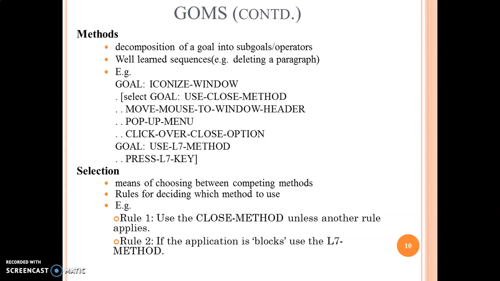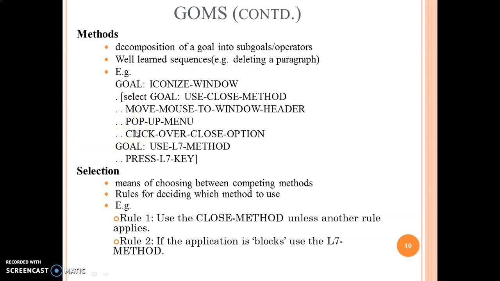In GOMS, these two goal decompositions are referred to as the methods. So the goal can be achieved by using the window and going to the close option or by directly using the L7 method. The dots are used to indicate the hierarchical levels of the goals over here.